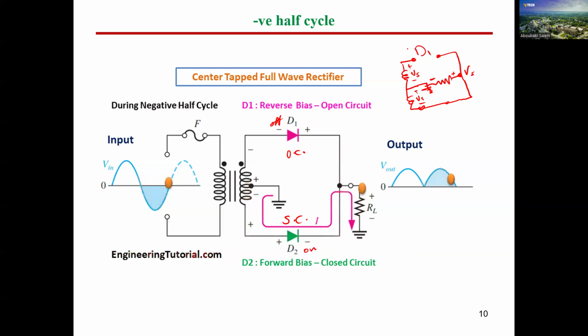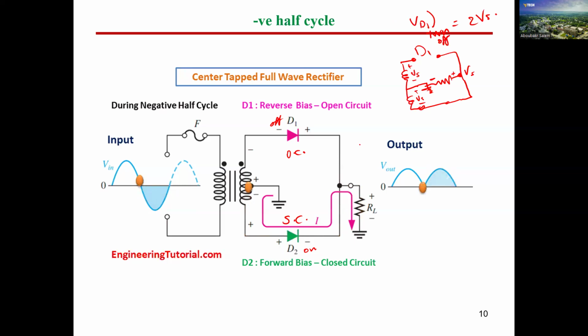So if you calculate V anode minus V cathode, you will find that V D1 at turn off equals 2 VS, which means twice the peak value of our supply. So the peak reverse voltage here is relatively high.